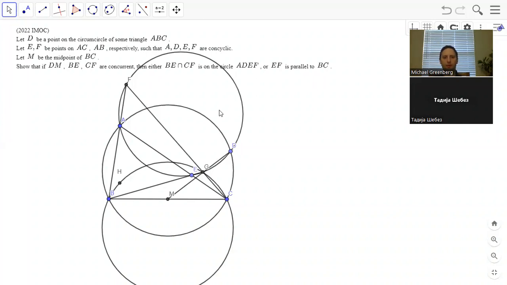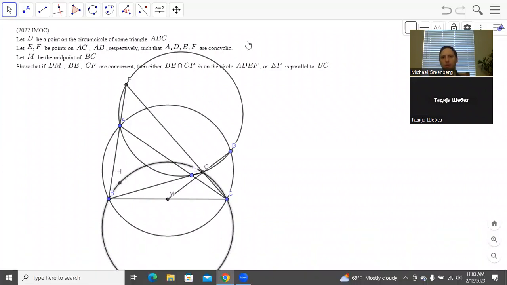Well, in the problem statement, it says it would lie on ADEF, but not on BHC, right? Yeah, but you could angle trace. Angle BGC is 180 minus angle A. Okay, that makes sense.